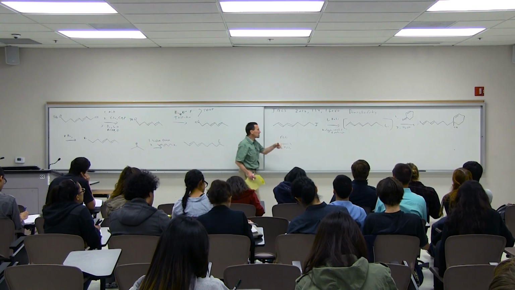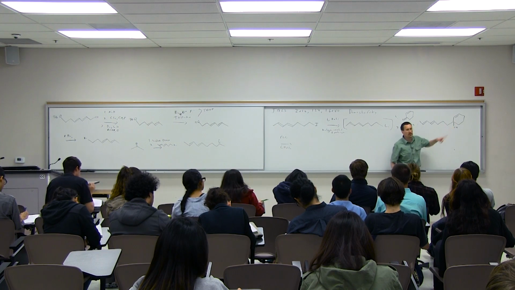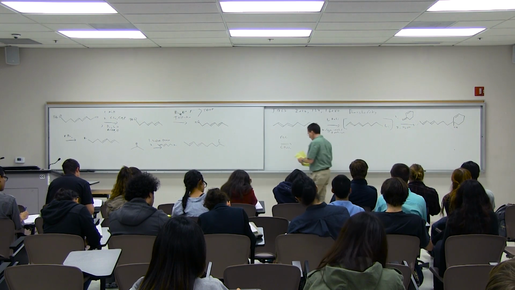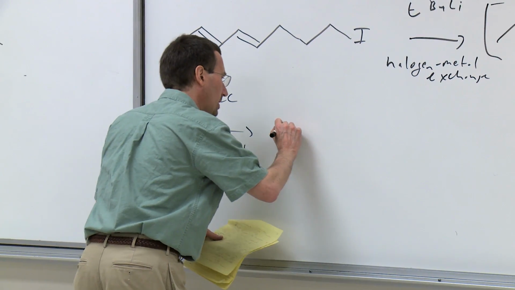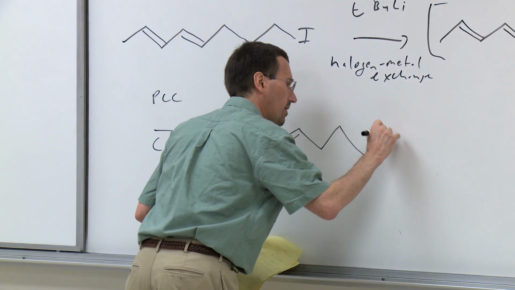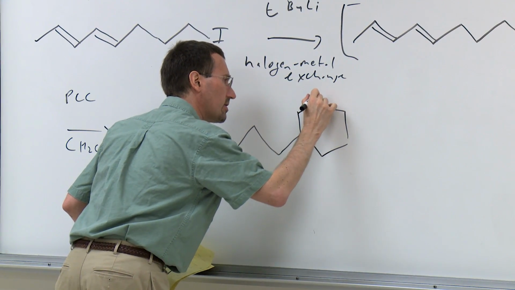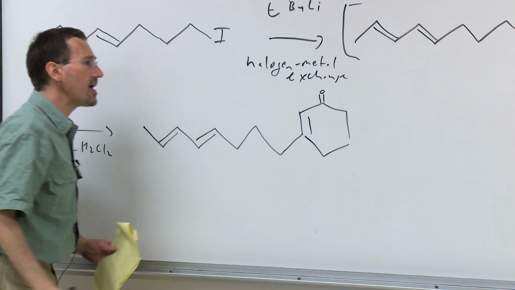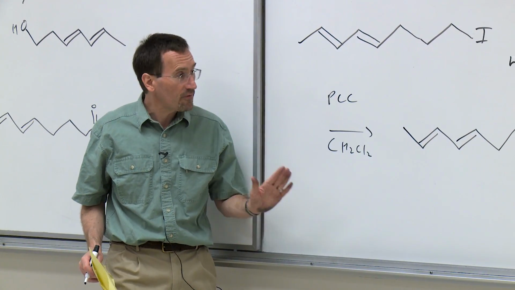You can think of this as going through a chromate ester and a sigmatropic rearrangement of the chromate ester in a standard oxidation reaction. The overall result is that you get the cyclohexanone like so. And this is really brilliant because it makes our synthesis very convergent, and it makes it fewer steps.